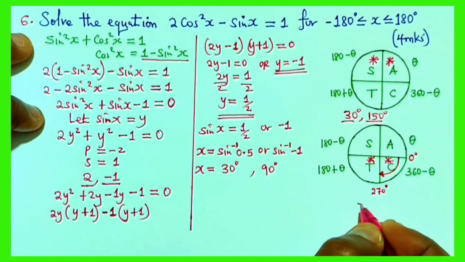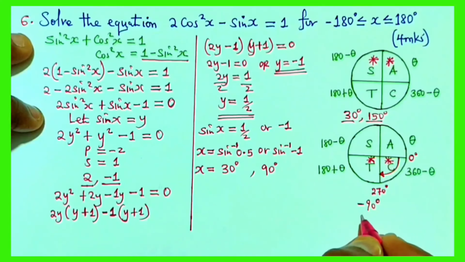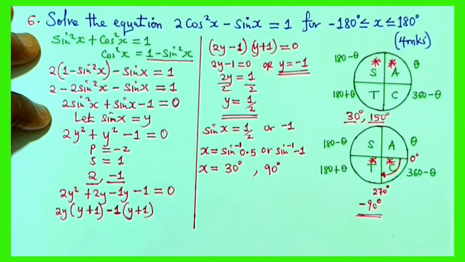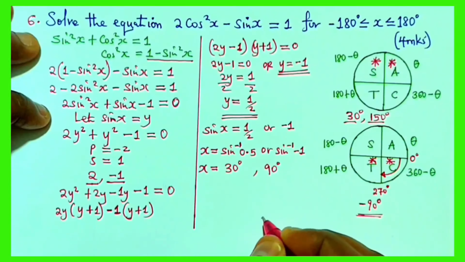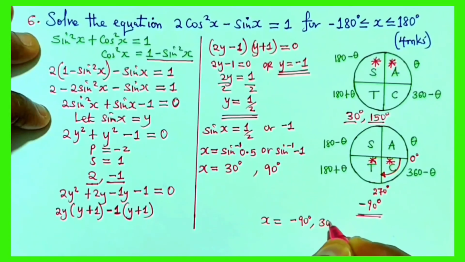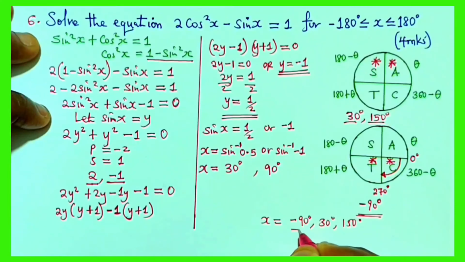We are going to consider that this will be negative 90 degrees, because this is what we can find in the range. On the graph, this is a point that will appear on the left side of the y-axis. Therefore, the 3 points for the value of x will be negative 90 degrees, and then we've got 30 degrees and 150 degrees.